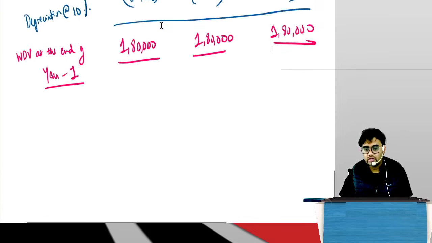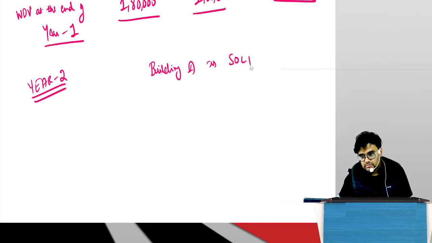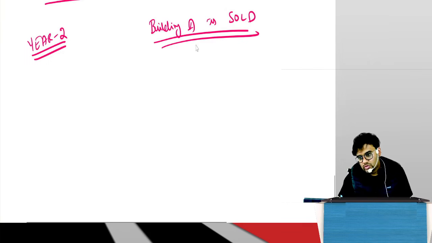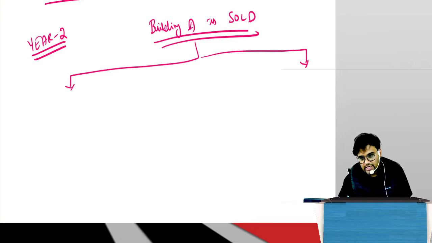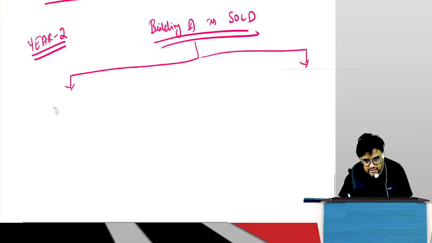Next, year number 2 guys, write down next, year number 2. In year 2, something happened. What happened? I am going to sell building A. Building A is sold. 2 scenarios we can give to understand. Building A in scenario number 1 is sold at 1,44,000 rupees.